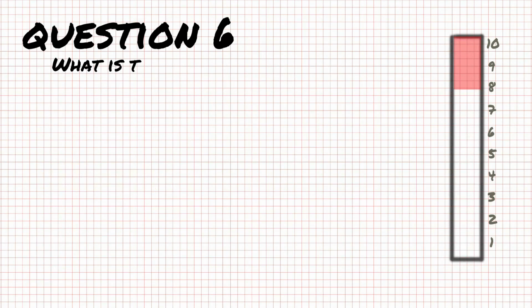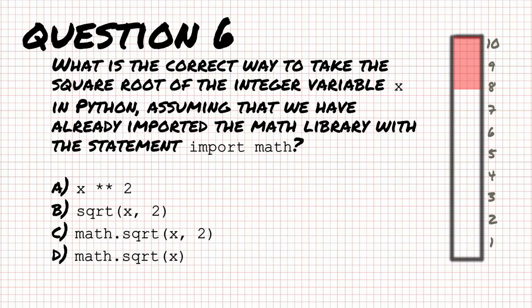Question 6. What is the correct way to take the square root of the integer variable x in Python, assuming that we have already imported the math library with the statement import math? Is it A, x ** 2, B, sqrt(x, 2), C, math.sqrt(x, 2), or D, math.sqrt(x)?